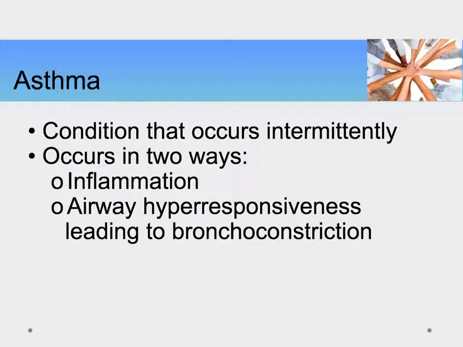Once we treat the patient for that inflammation, we have lots of different medications we can use to treat that inflammation. Once we effectively treat it, then the patient's lung capacity and lung function returns to normal. It's only when they encounter these triggers that they have this exacerbation and have this illness. But typically with asthma, it is reversible with proper treatment and management.